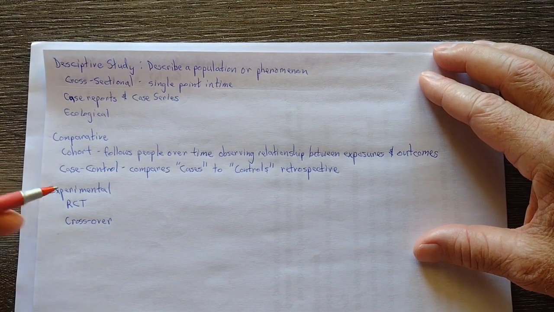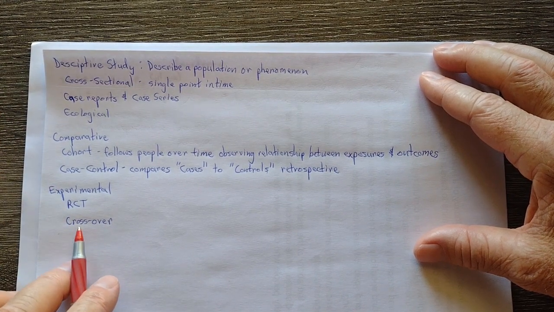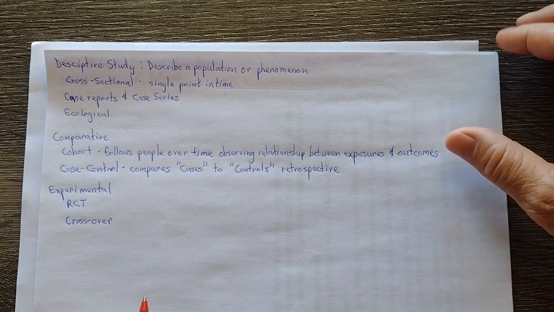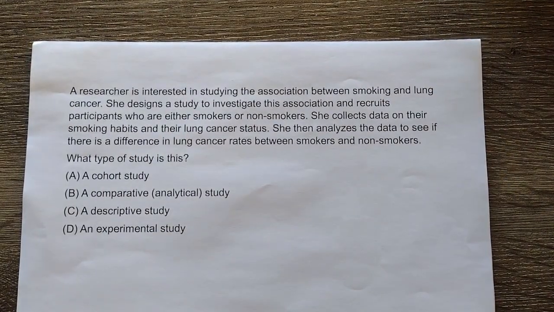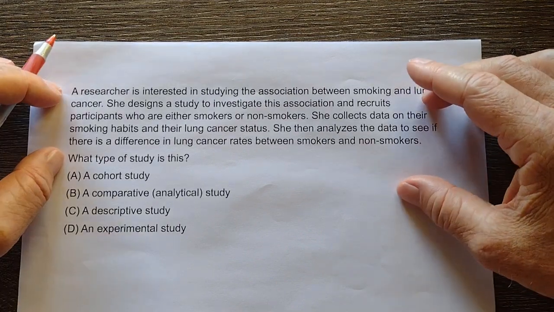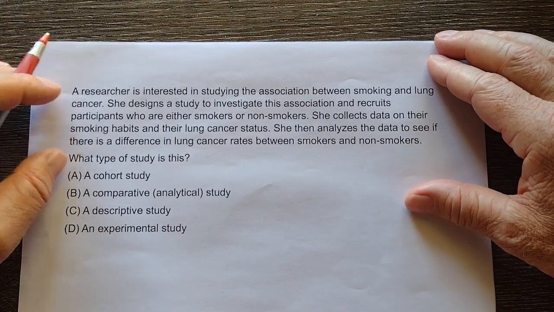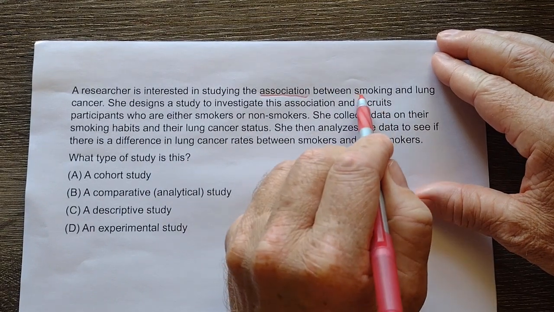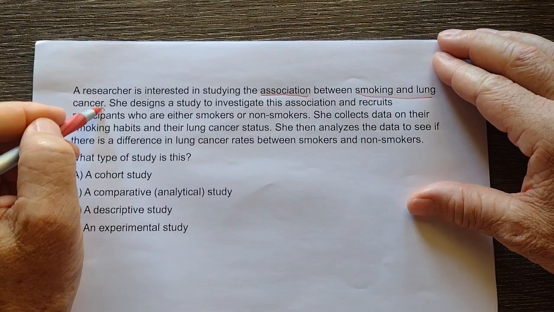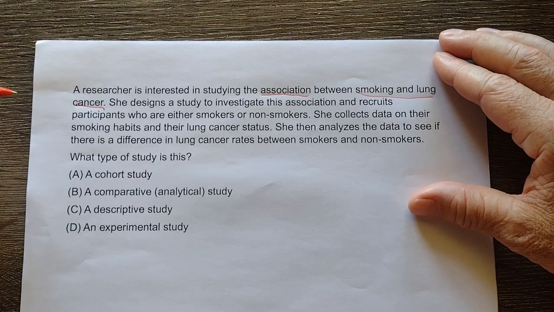And then there's experimental, which we can talk about randomized controlled trials or crossovers. But let's get now to our question at hand. So a researcher is interested in studying the association. So there's an association between smoking and lung cancer. Often this is a big one we talk about.